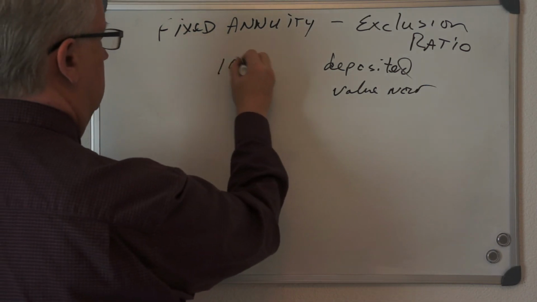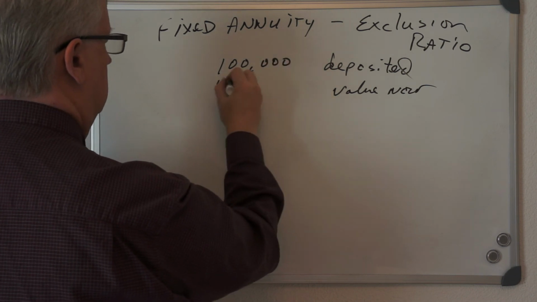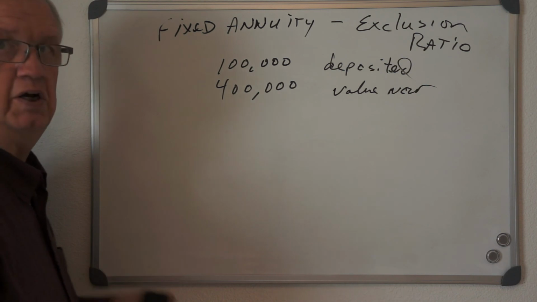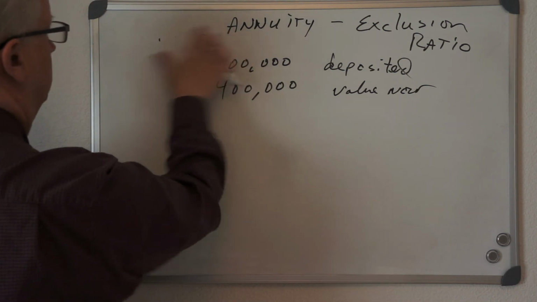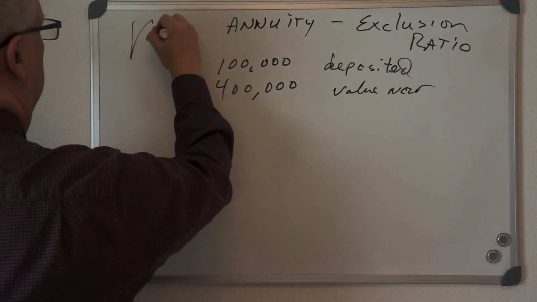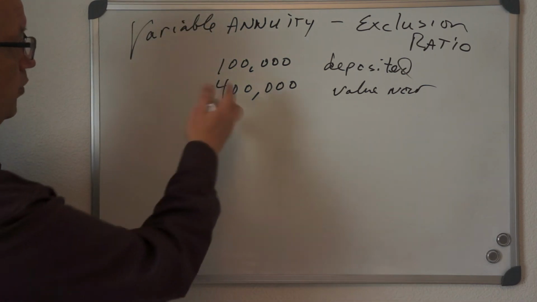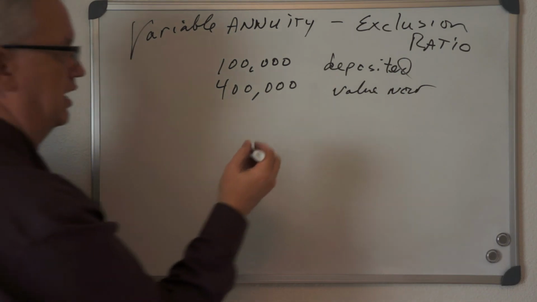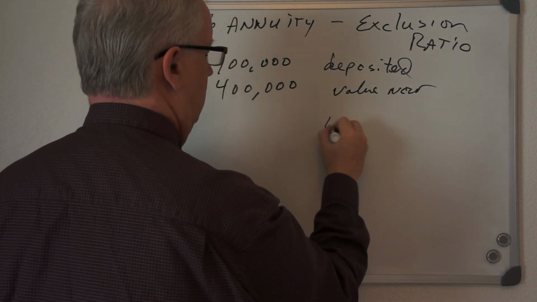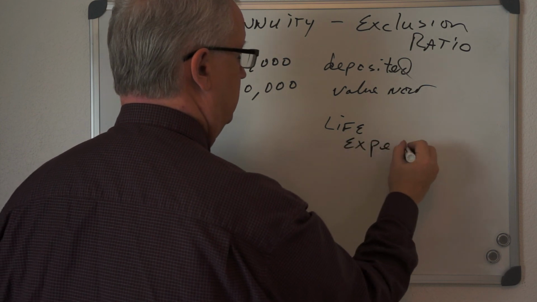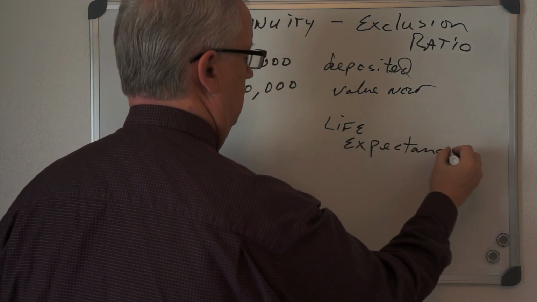But once again, this is a situation where it's now a variable annuity. So what we have is a calculation based on life expectancy.